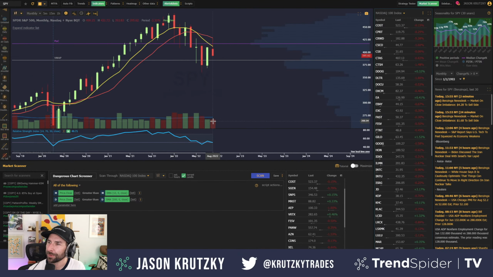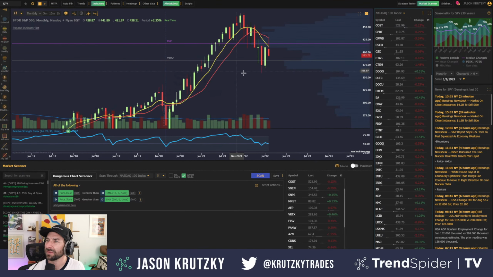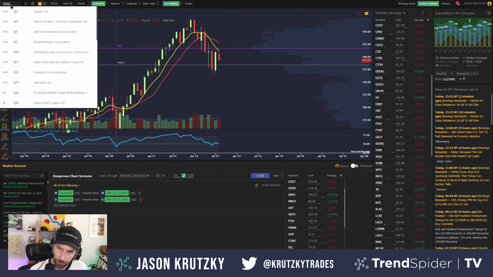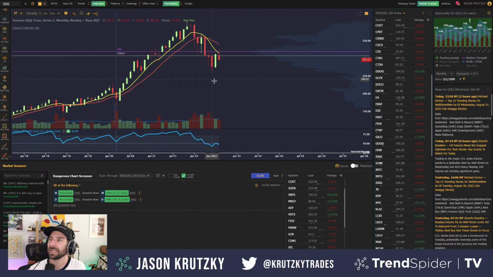Below average relative volume. Still holding RSI above 50 on the monthly. Still holding above VWAP from COVID lows. QQQ. Same look. Not quite the same look. Almost the same look with one pretty vital difference.